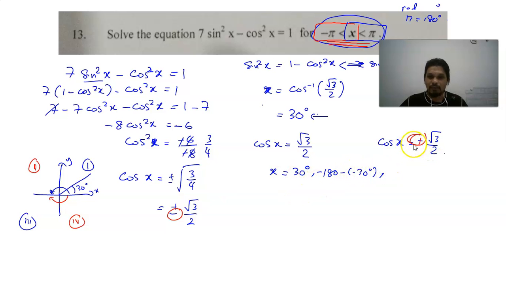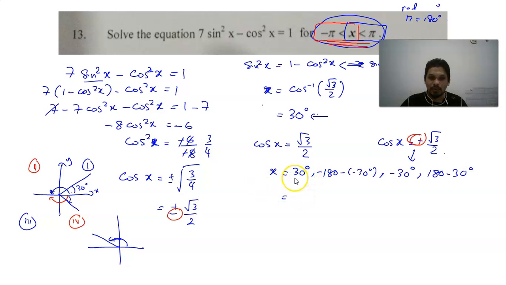For cos negative, in the second quadrant, it is 180 minus 30 degrees.